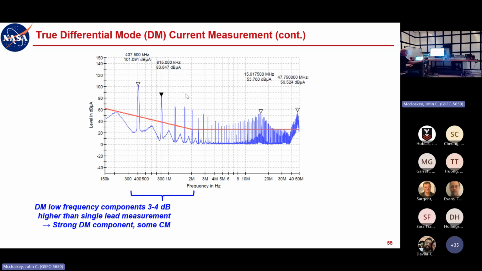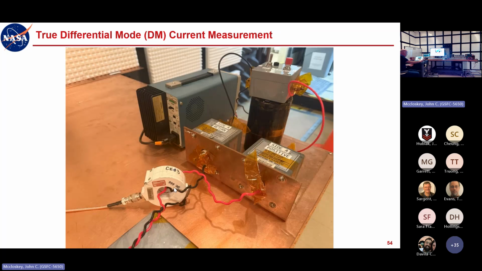Now remember, going back to the picture, the true differential mode current is going through the current probe twice. So you've got your send current going through here, and then your true differential mode return current is coming through the current probe again. So the direct value you're going to measure is going to be twice the true differential mode current. So you have to take that into account.